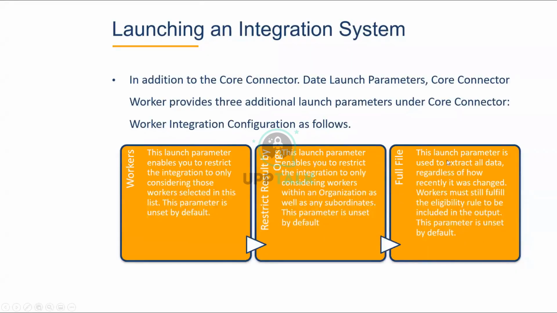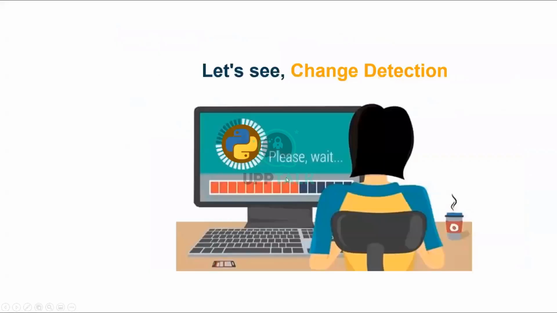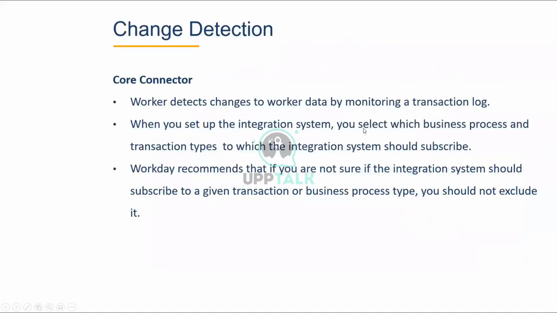Full file: the launch parameter is used to extract all data, regardless of how recently it was changed, and the worker must still fulfill the eligibility rule to be included in the output. This parameter is again unset by default. It's blank. To change detection: the worker detects changes to worker data by monitoring a transaction log.